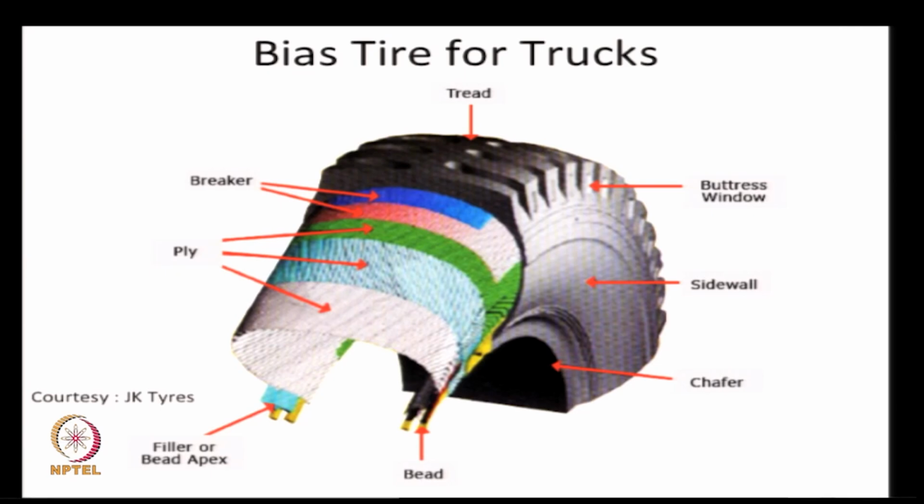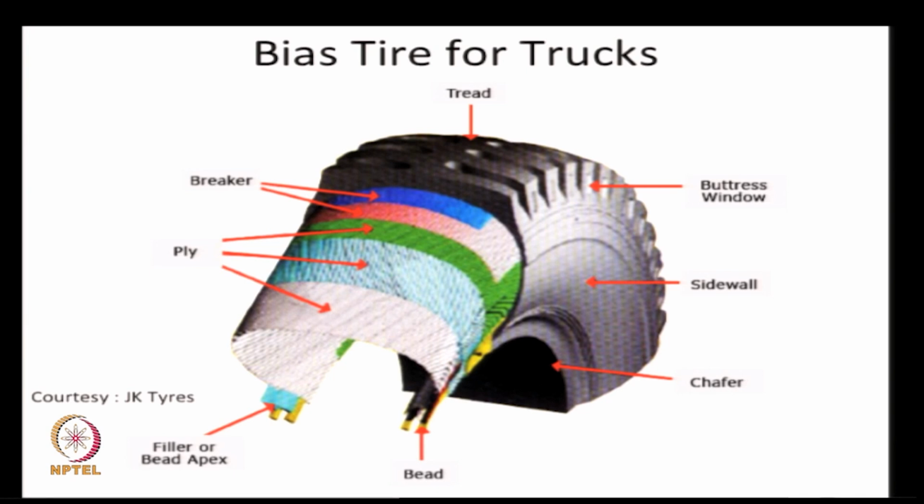Unlike that radial tire where you had one body ply and then you had belts, here you have what are called plies which run throughout, 1, 2, 3 plies, as you can see, arranged in such a fashion that they're crossing each other, and that gives the strength for the tire.